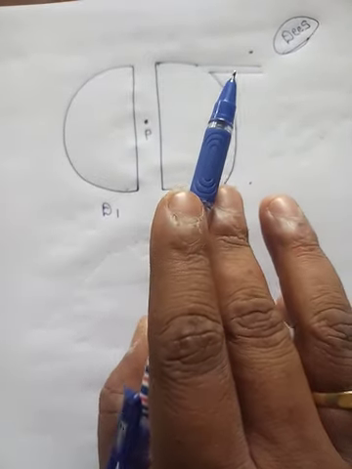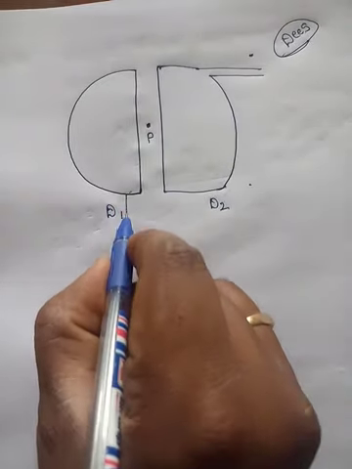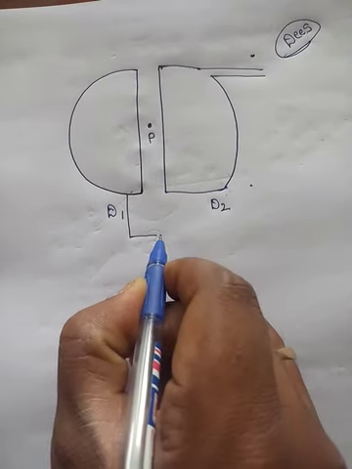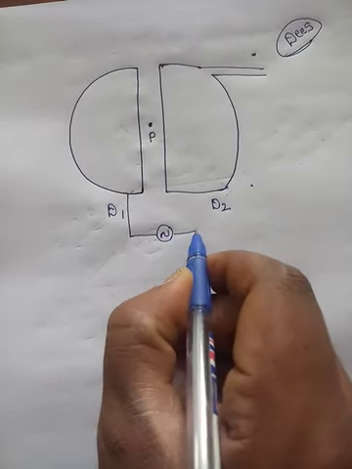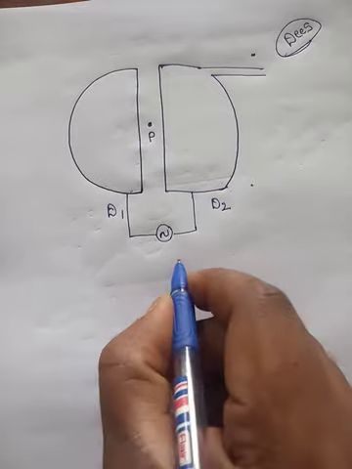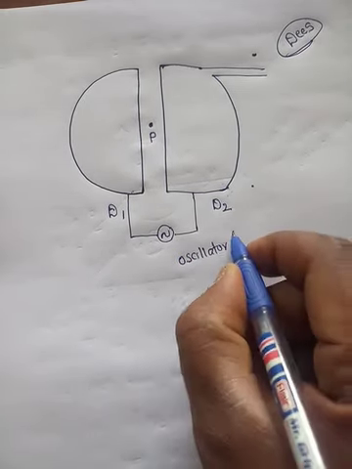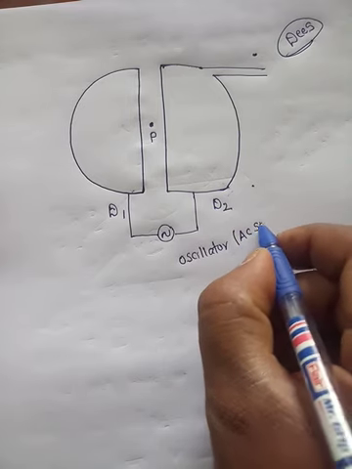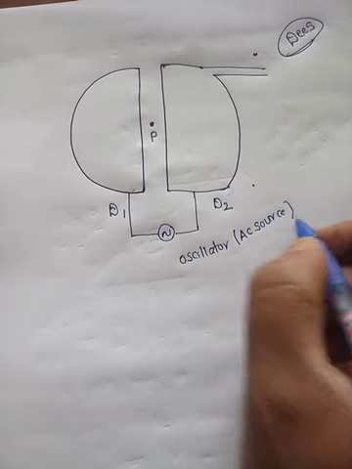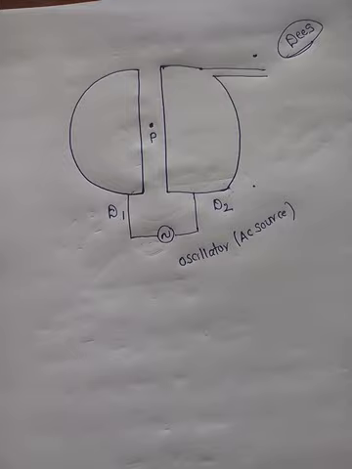These two D's are connected to an oscillator, the source of electric field. This is an AC source, we use alternating current.